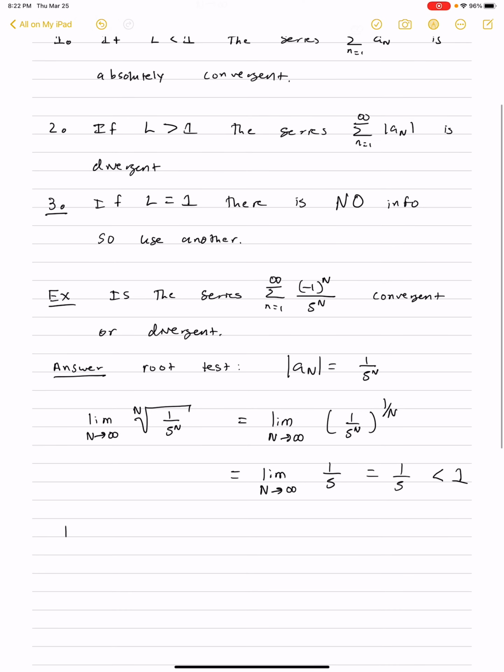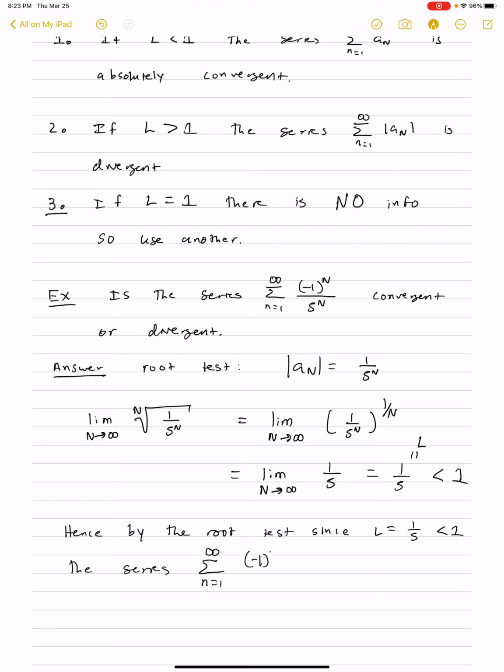Hence, by the root test, and by the way, this is the limit L by the root test, since L is 1/5, which is less than 1, the series summation from n equals 1 to infinity of minus 1 to the n over 5 to the n is absolutely convergent.